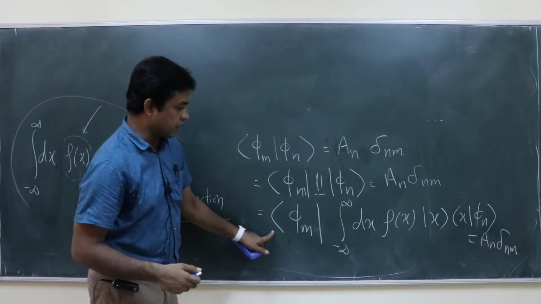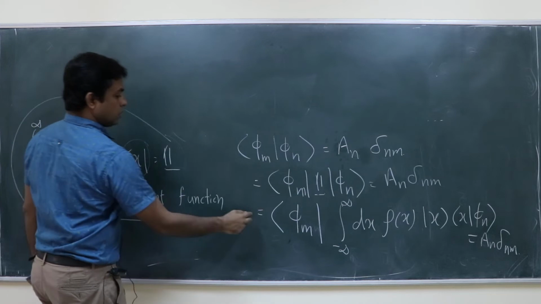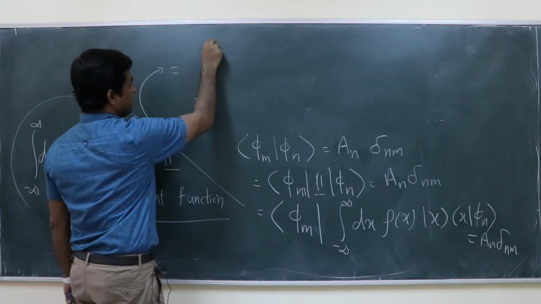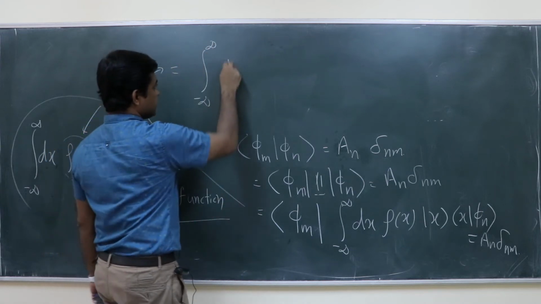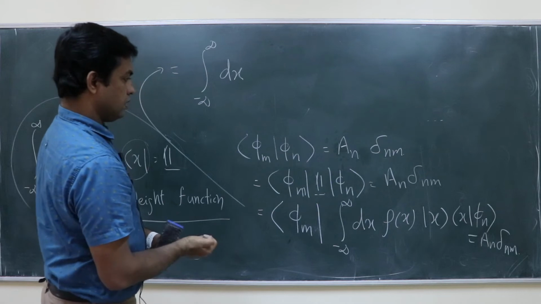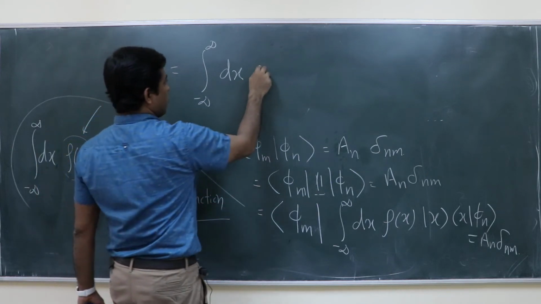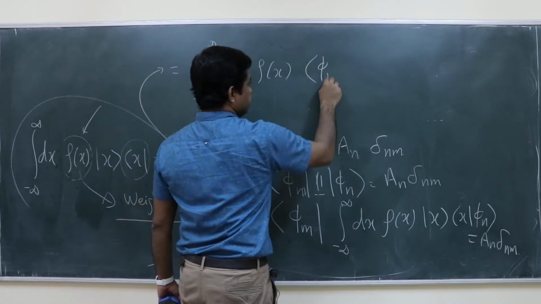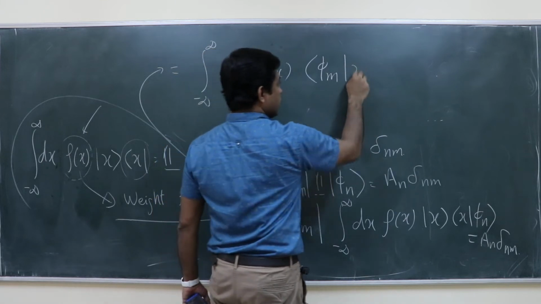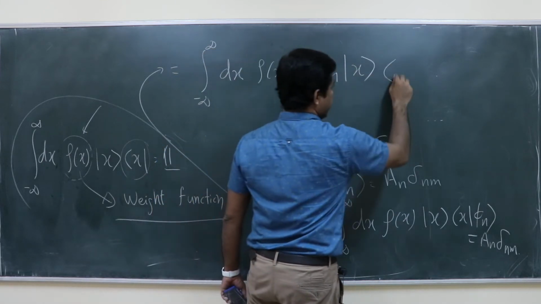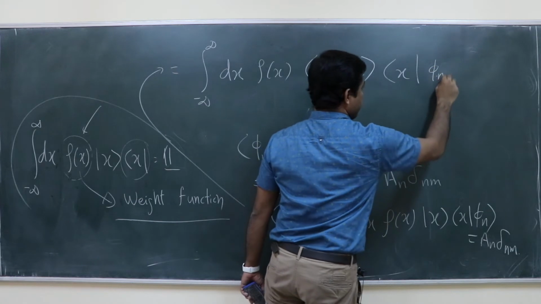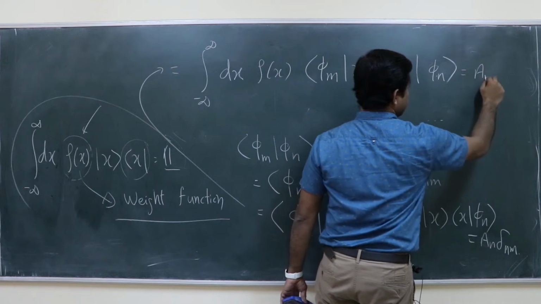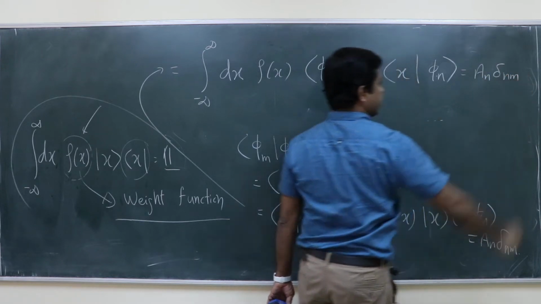I can take this bra vector inside the integral. So I can write this as integral minus infinity to infinity dx rho of x bra phi m ket x bra x phi n, which is equal to a n delta n m.